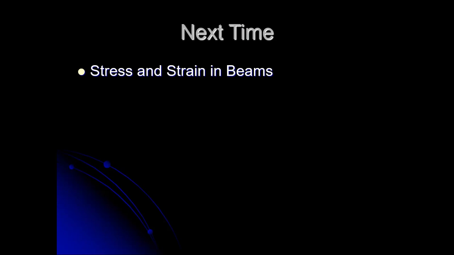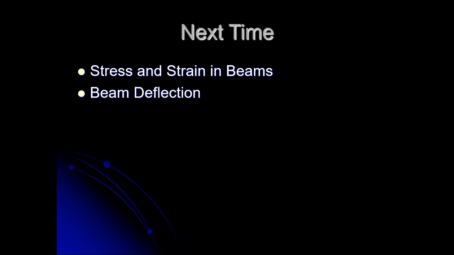We can't call a beam that has a load on it other than pure tension or pure compression. We can't really do the same kinds of stress analysis. When we put load on a beam, it tends to bend, and bending is a combination of stress and strain, as we'll see next time.